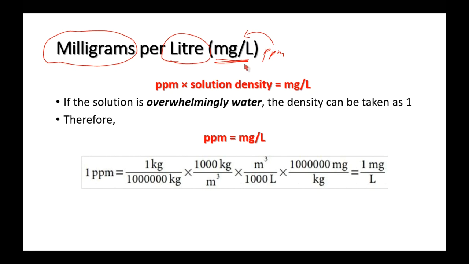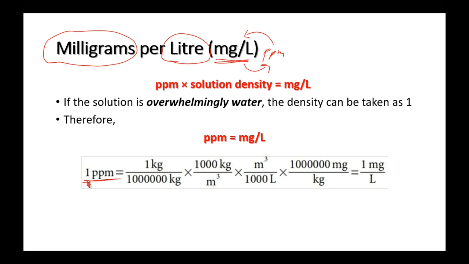These are equivalent things, as long as we're not talking about a super concentrated solution. If our solution is overwhelmingly water, so we can talk about 30 parts per million or 50 parts per million, then what was water has a particular density.